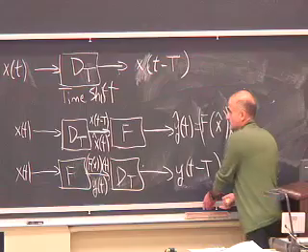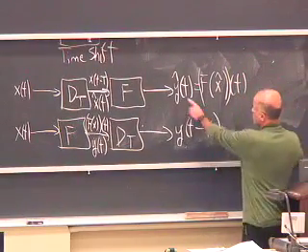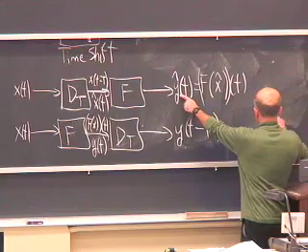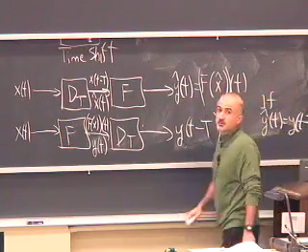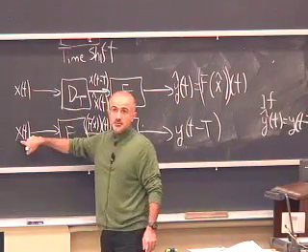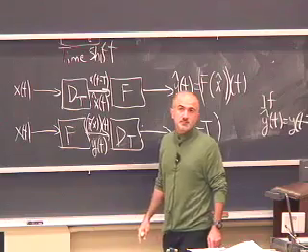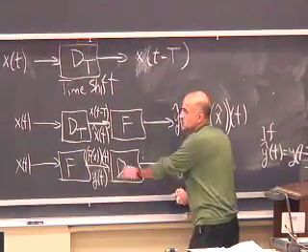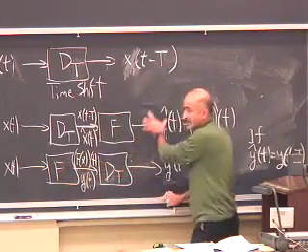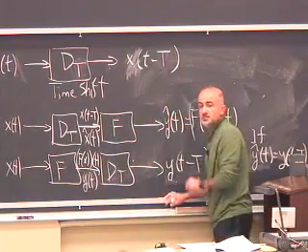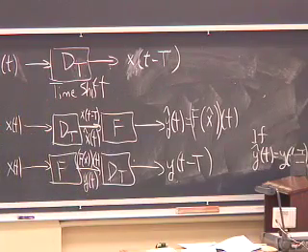If y hat of t is y of t minus cap t for all input signals and all shifts cap t, then the system is time invariant. In other words, you can reverse the order of the shift and the system. If you can do that and get the same output, the system is shift invariant.